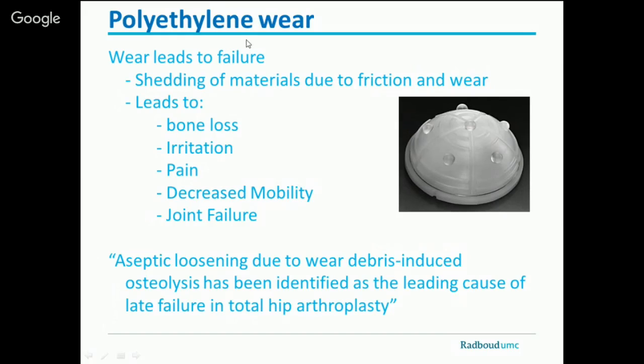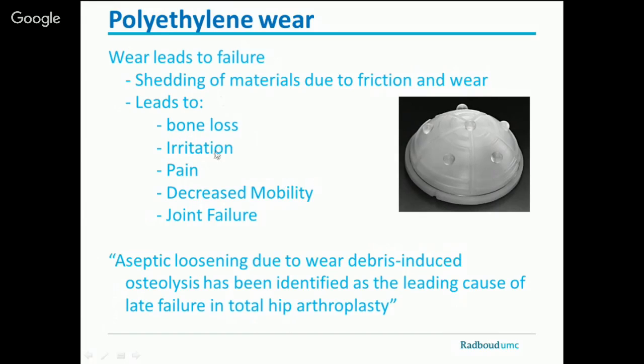So we go back to polyethylene wear because that's kind of the standard, and we need to reduce the number of wear particles because the wear particles can lead to osteolysis, and it means that there is a lot of bone loss around the implant.